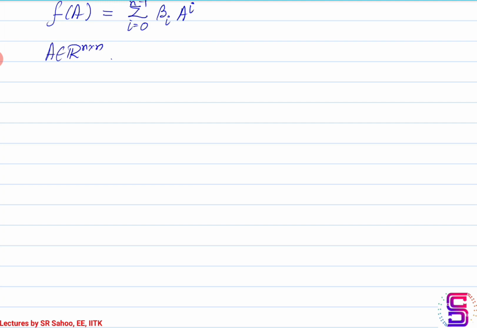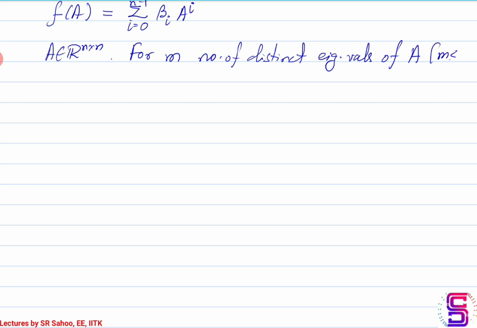We said that for m number of distinct eigenvalues of A, where m is less than or equal to n, we will generate a total of n number of equations by using this relationship.